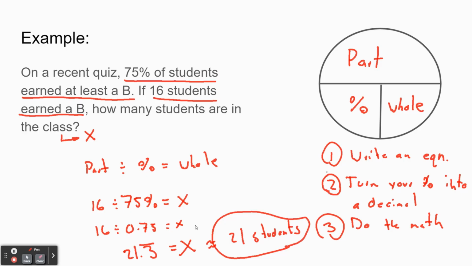And that's it. That's all we have to do. Pause the video. Make sure that you've copied down this example as well as the steps and the circle. I think those are really going to help you when you look at the you do. Pause the video again now.